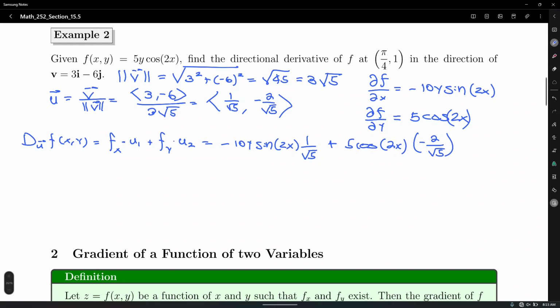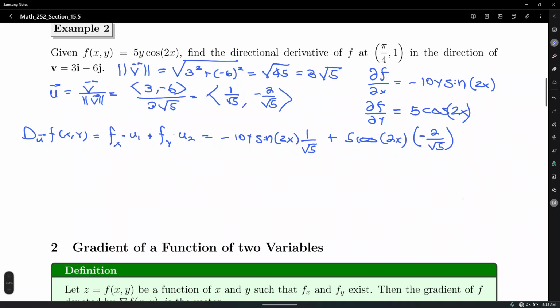That's why we spent a good minute finding domains of functions, to determine whether a given point is in the domain of the function, so we can differentiate at that point, evaluate the function at that point, etc. And what do we have? A polynomial in terms of y and a trig function in terms of x. So the domain is all real numbers for x and y, no problem. So for sure, this function is defined at pi over 4, 1.